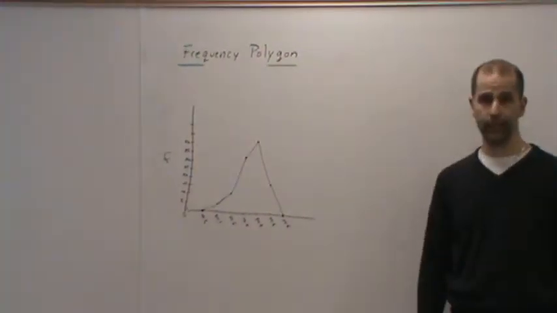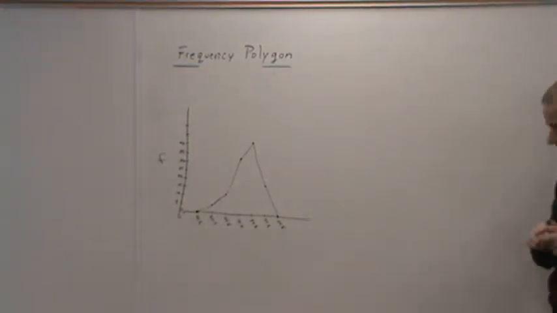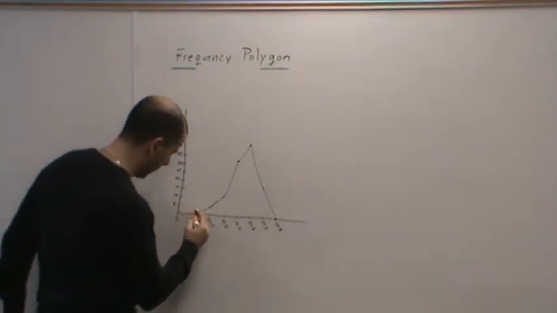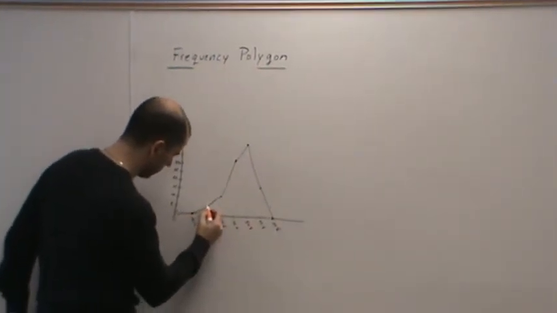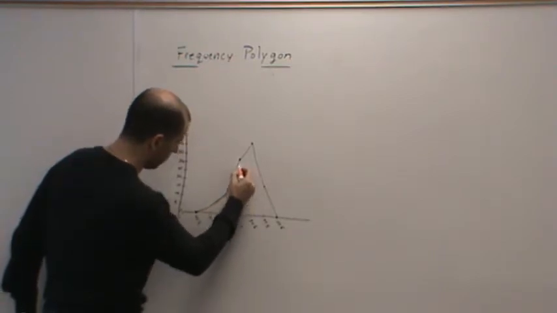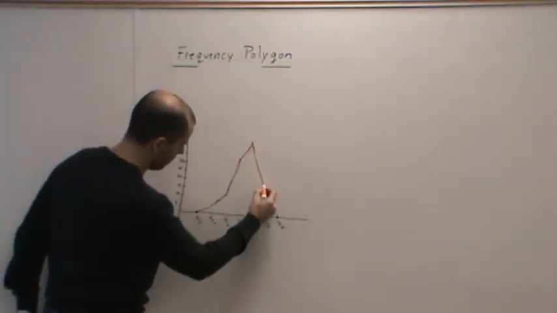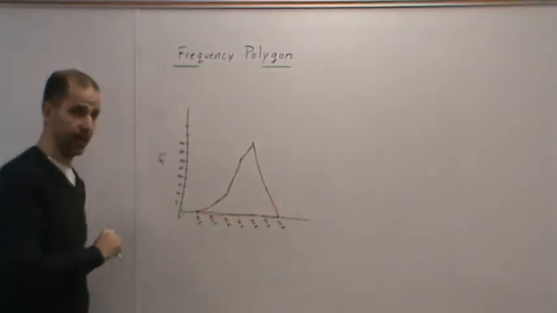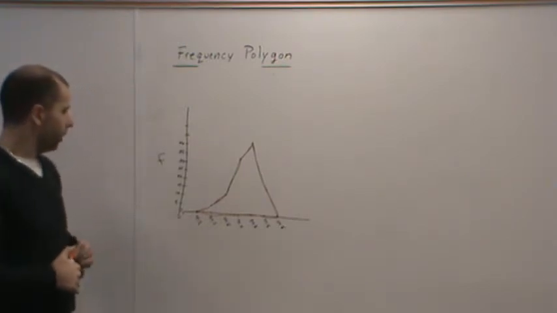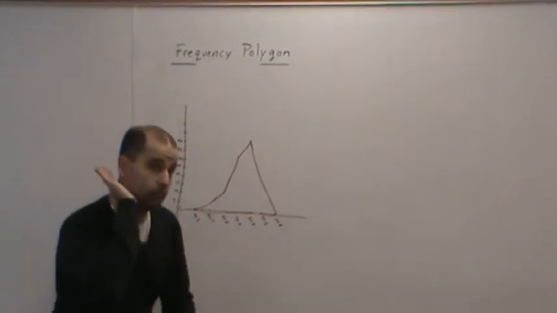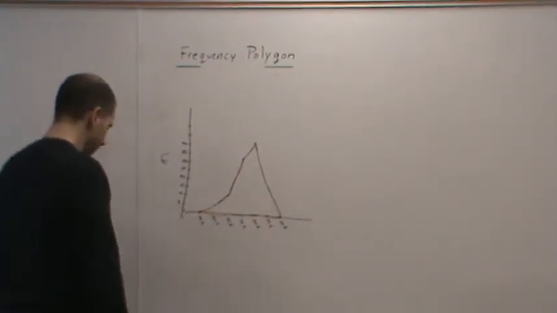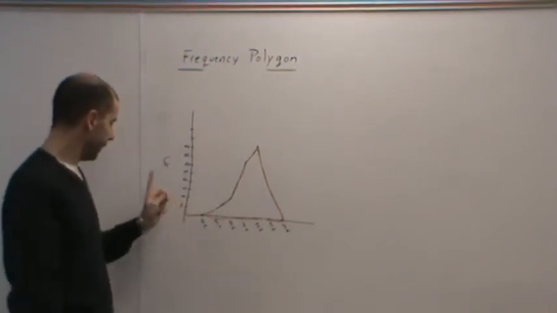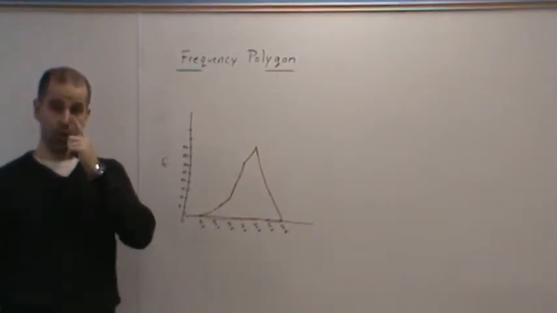And there's my frequency polygon. And notice that it indeed makes a polygon, because if you trace this out, it makes a polygon, right? Any questions? Okay, good. Well, that is how you construct the frequency polygon. Remember, midpoints and the frequencies. So that's how we do it.